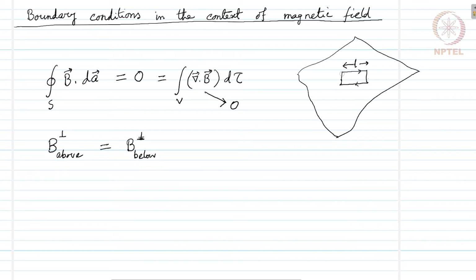These small arms, they are much thinner than what I have drawn, and this rectangle is bisected by the plane carrying the current. So, let us assume that the current is flowing in this direction. So, our Amperian loop is a cross section across which the current is flowing.